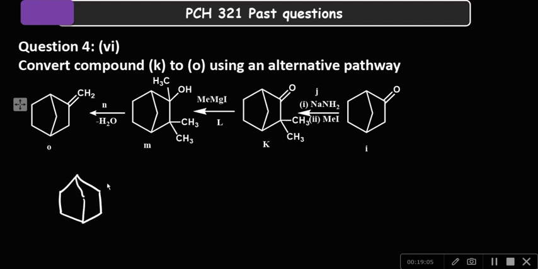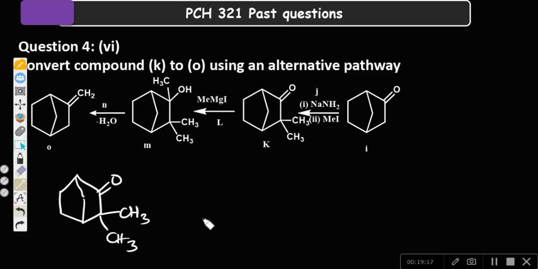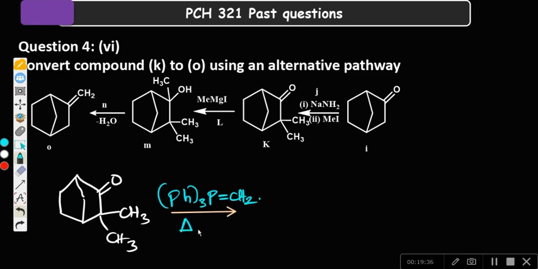You've already learned about the Wittig reaction by now. So the only thing I will just do for you is to show you the reactant that will actually react. You don't need to write the mechanism. The reactant that will react for the Wittig reagent, we say we use Ph3P=CH2 plus heat at a particular temperature for hours.